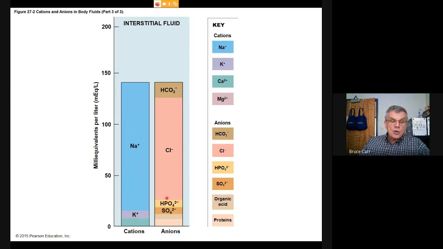The anions, chloride is the major ion with bicarbonate, phosphate, and sulfate, together with the organic acids and proteins. But notice something here, around the cell, that level of proteins is fairly low. And that's because there isn't a lot of need. There's not a lot of metabolism involving proteins, either as structures or as enzymes that occur outside the plasma membrane.